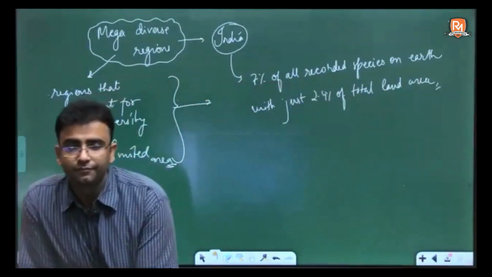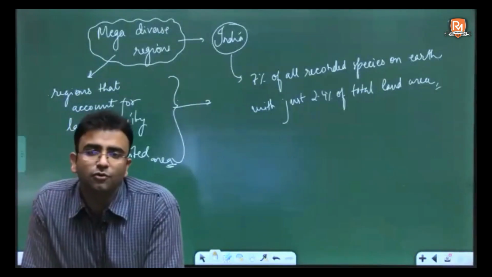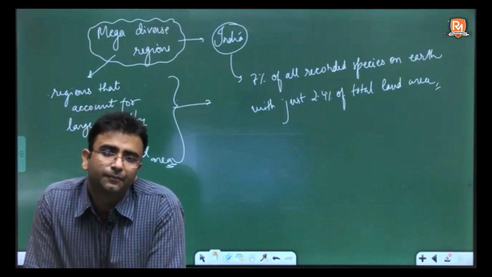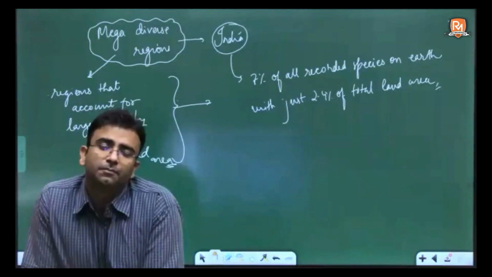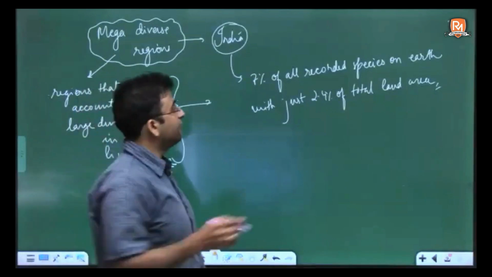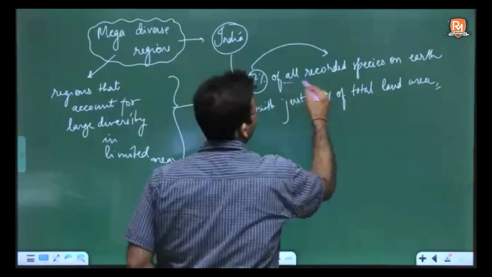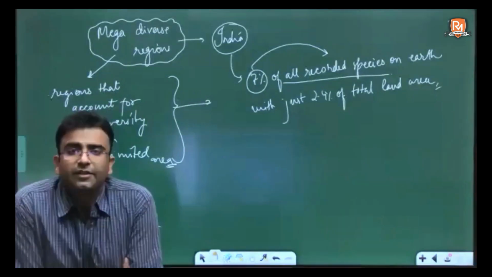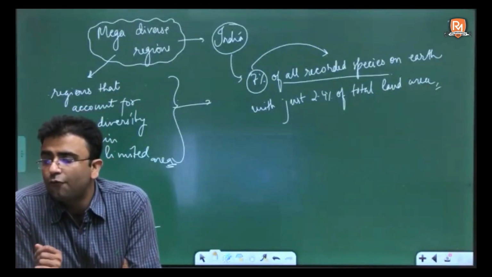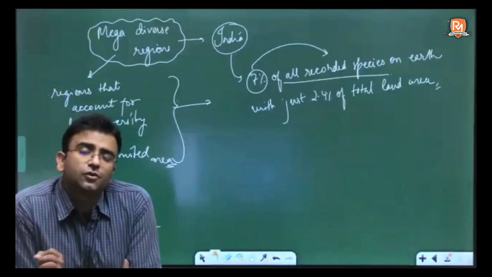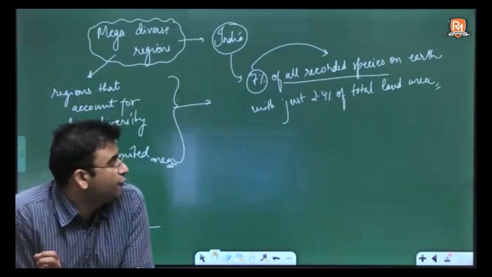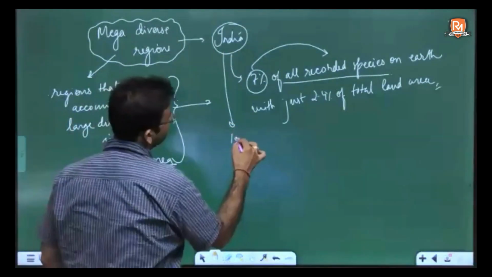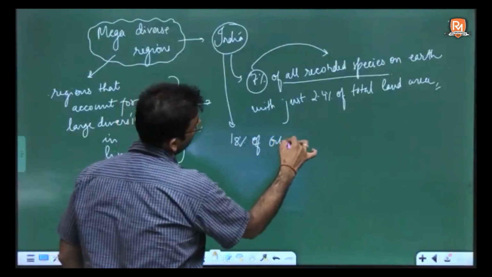Out of the total land area on Earth, India has just 2.4%, but it accounts for 7% of all recorded species on Earth. And it also has 18% of global population.